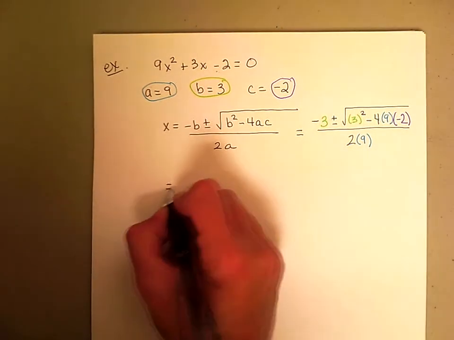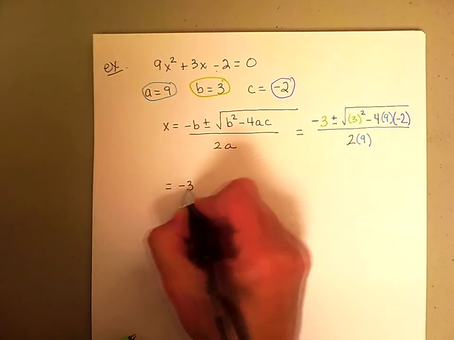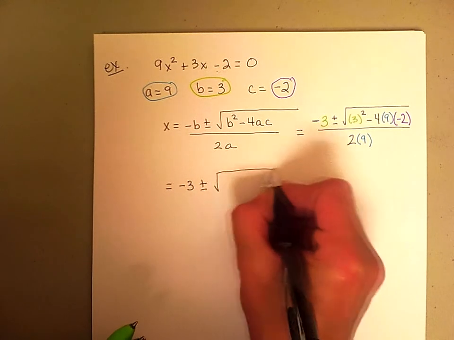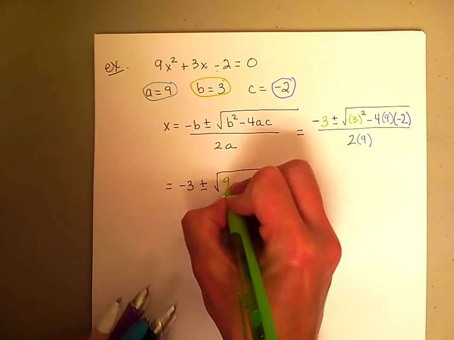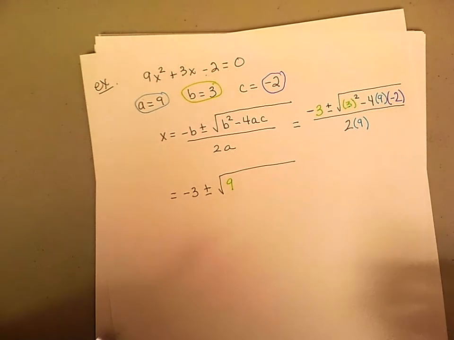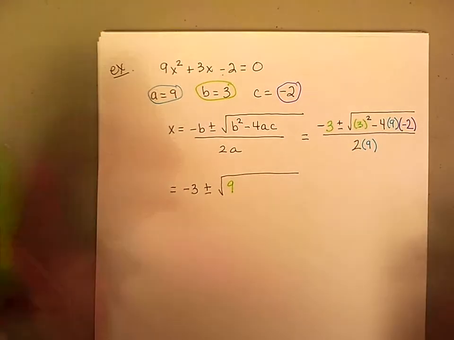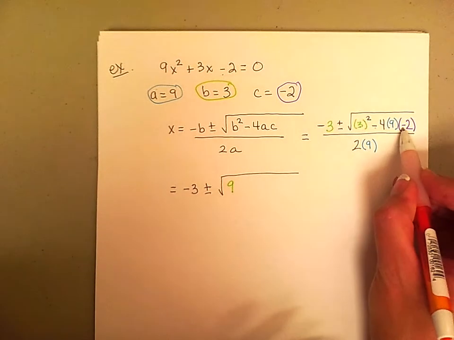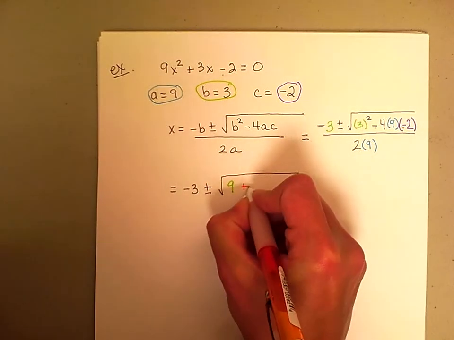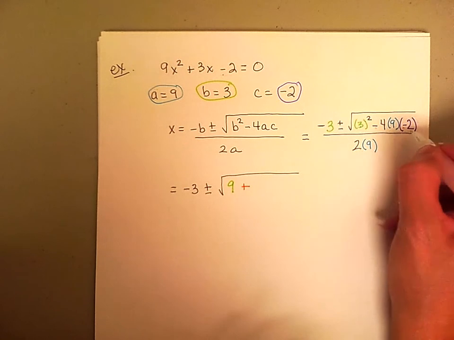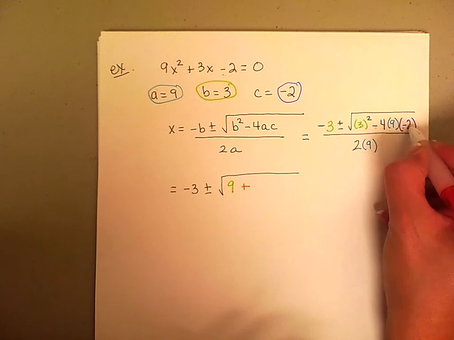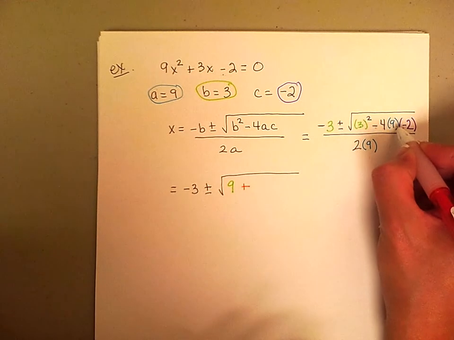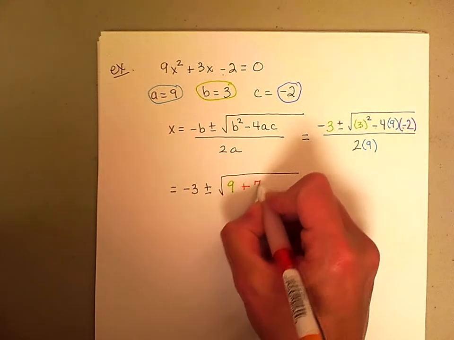Now we can simplify. Negative 3 plus or minus, underneath the radical, 3 squared is 9. Okay. And then I deal with the signs here next. A negative and a negative become positive. 4 and, well, let's see here, we can commute this, 4 and 2 are 8, 8 and 9 are 72.